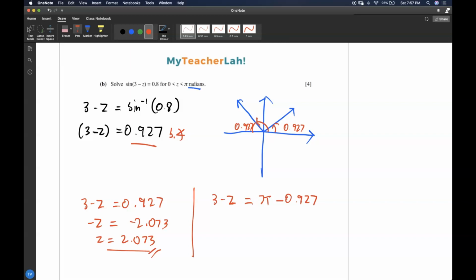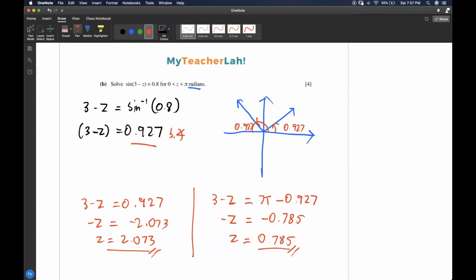Alright, then I rearrange and find my z. So this should give me about, bring the 3 over and simplify, you should get negative 0.785. Okay, simplify, make it positive 0.785.